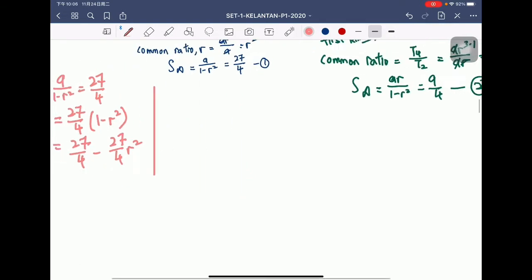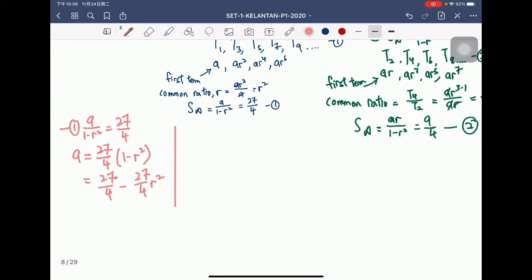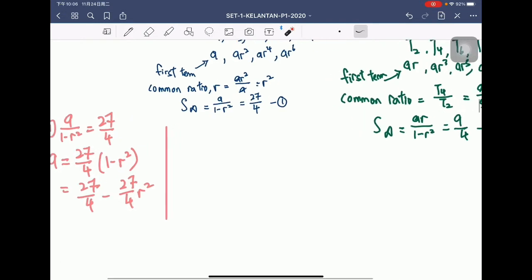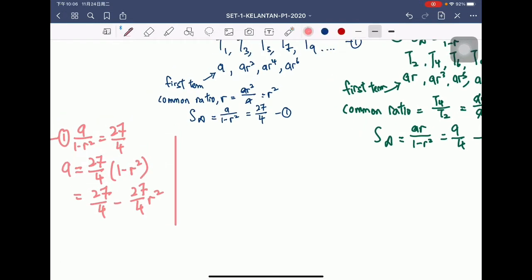Okay, so our second equation, AR over 1 minus R squared equals 9 over 4. For the second equation, AR equals 9 over 4 multiplied by 1 minus R squared.